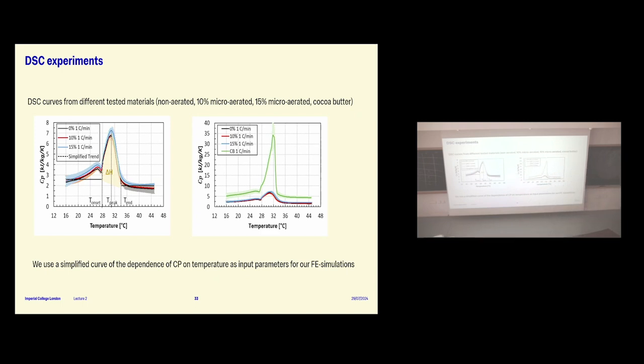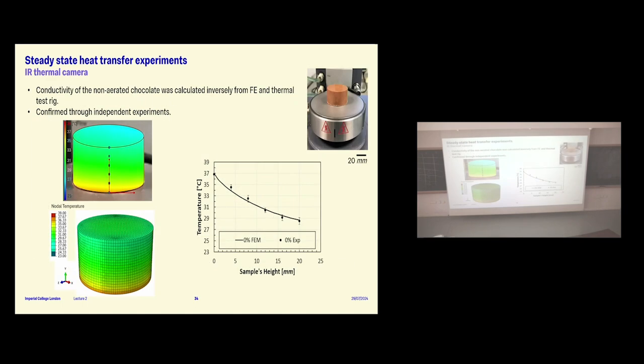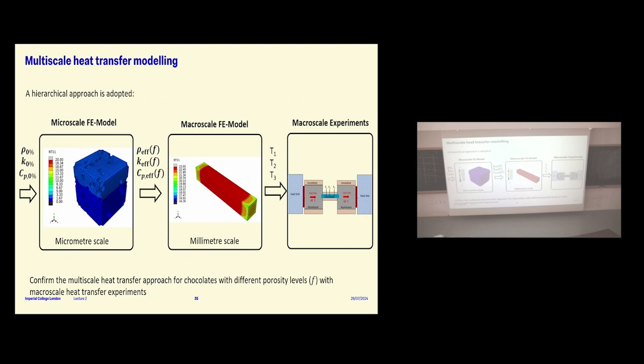So now we have conductivity, we have specific heat capacity, we have latent heat. That's all we need to be able to do a thermal analysis. And we start from here. So we have the microscale FE model. So this is a representative volume element with the pores. And we simulate this.